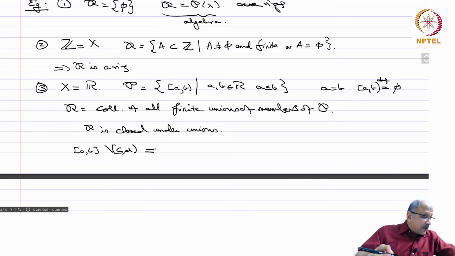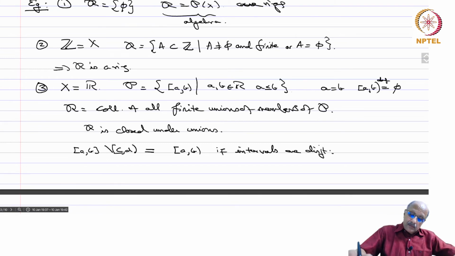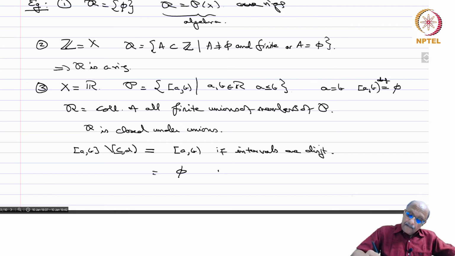there are various possibilities. So this will be either [A,B) if the intervals are disjoint, and it's equal to the empty set if [A,B) is contained in [C,D).